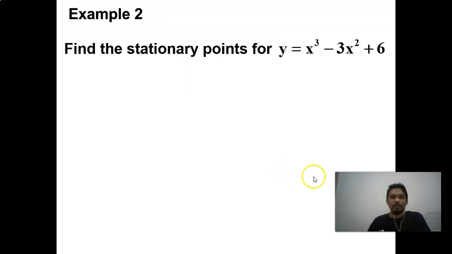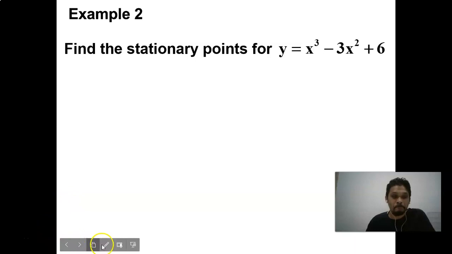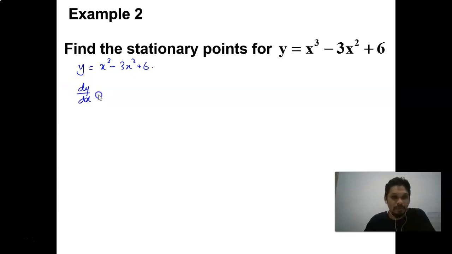Okay, then find the stationary points for x cubed minus 3x squared plus 6. So y equals x cubed minus 3x squared plus 6. Now here we find dy/dx, or y prime, equal to 3x squared minus 2 times 3 equals 6x.